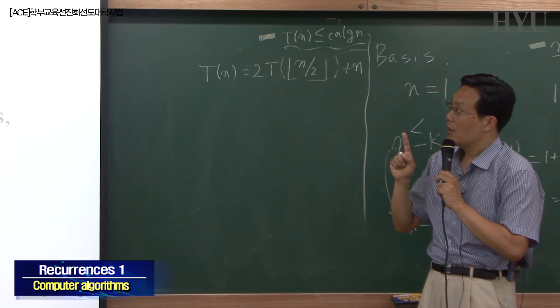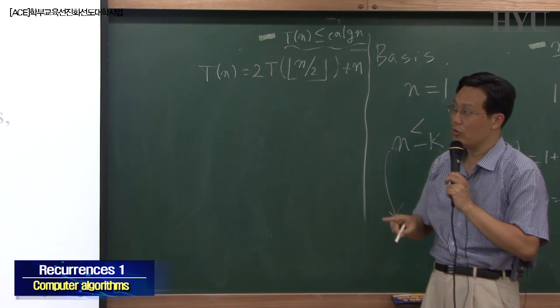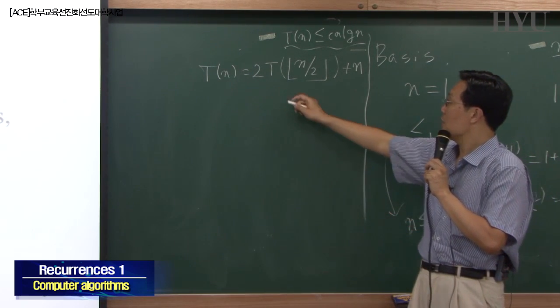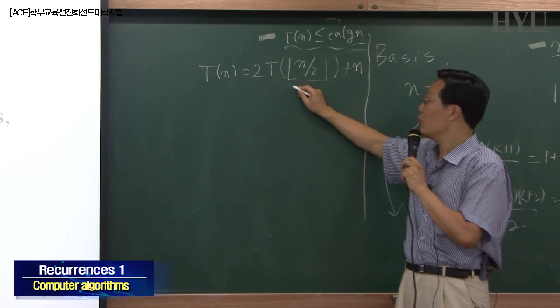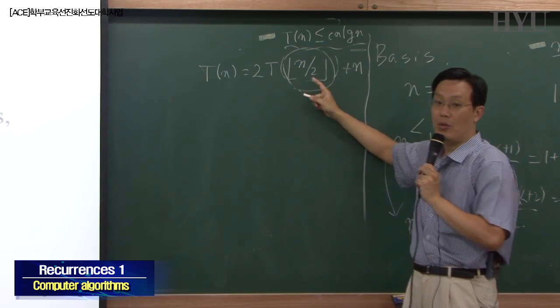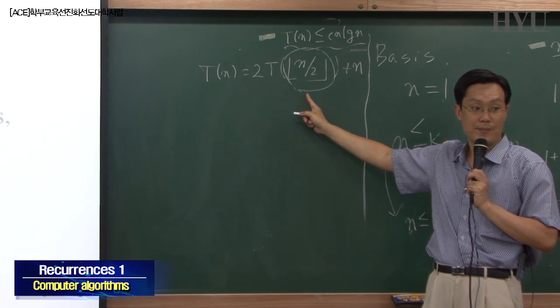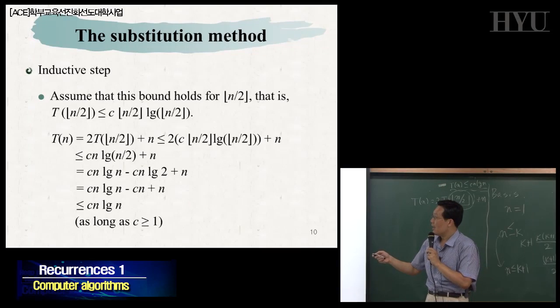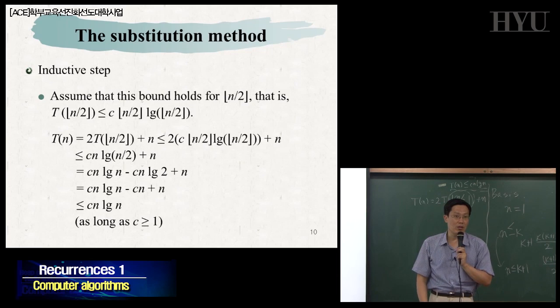So, I will show you the inductive step first. In this case, we assume that this is true for this value. Assume that this bound holds for the floor of n over 2.